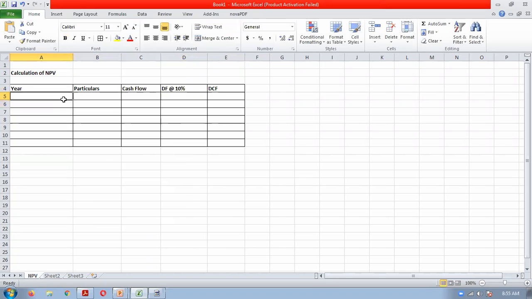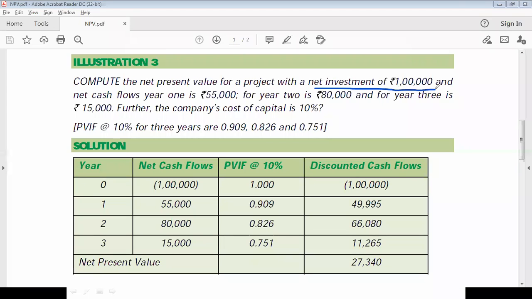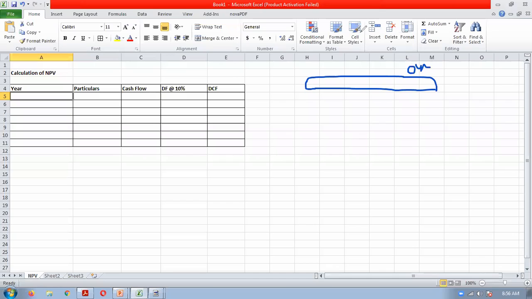Here, we have understood that in financial management, whenever you make the initial investment, this will be called the 0th year. Initial investment will always be year 0.